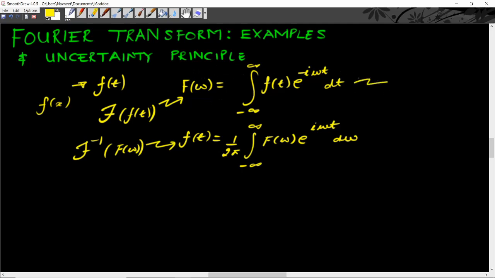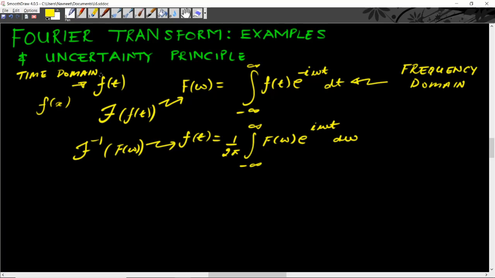So the Fourier transform allows us to represent this function in the time domain in the frequency domain, and this function is said to be defined in the time domain.